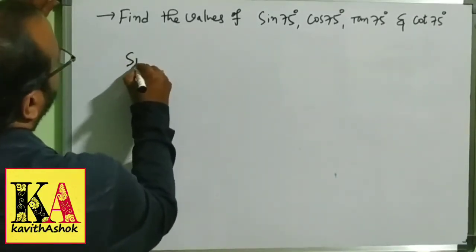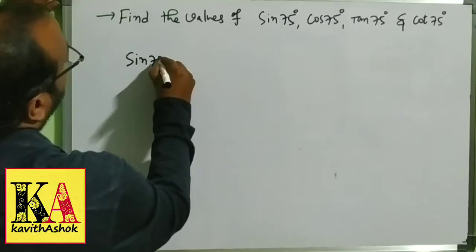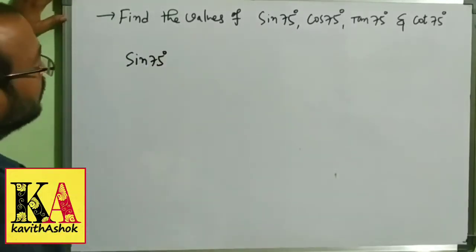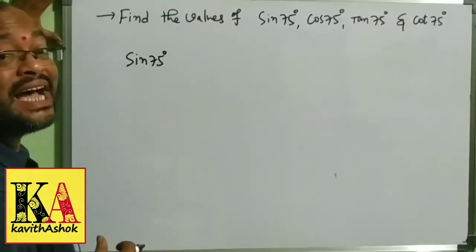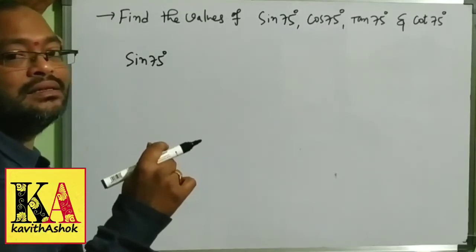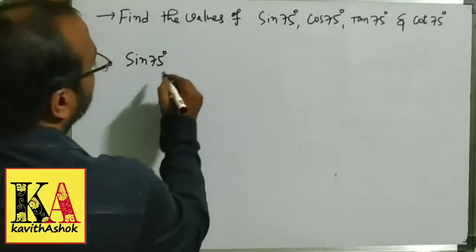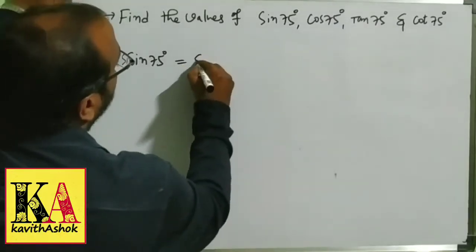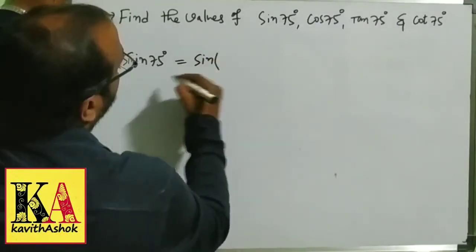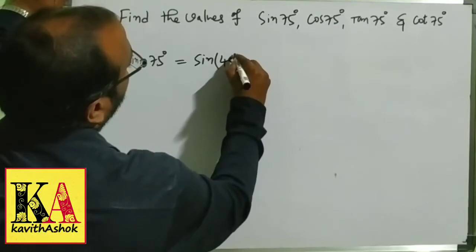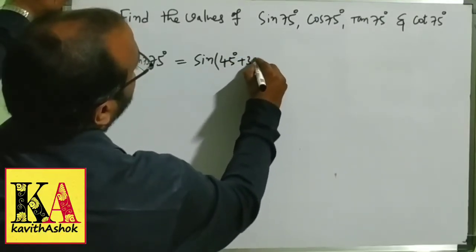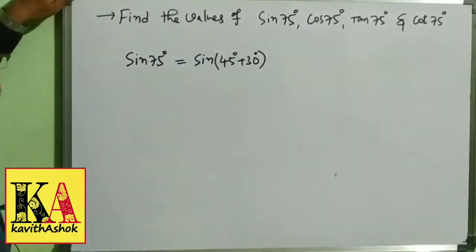Now, sin 75 degrees. We know the values of the standard angles of the trigonometric ratios. So I can write sin 75 as sin of 45 degrees plus 30 degrees. Or we can write 30 degrees plus 45 degrees, no problem, you can get the same thing.